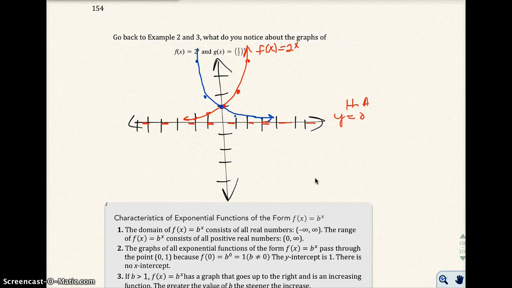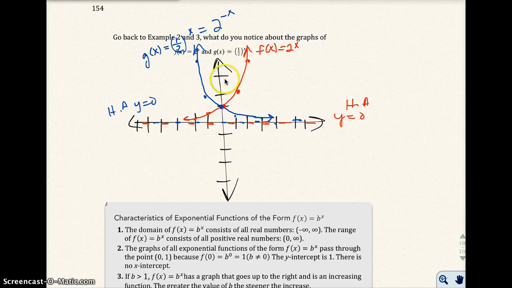This is a sketch, not the graded graph. We have g of x equals 1/2 to the x, which is the same thing as 2 to the negative x. We discovered that. But do you note that there's actually a reflection about the y-axis? And again, the asymptote is still there for the 1/2 to the x.